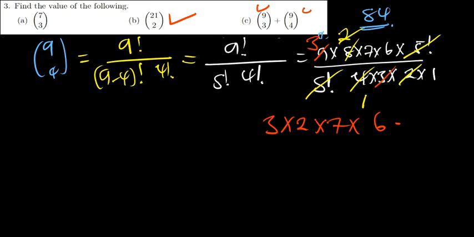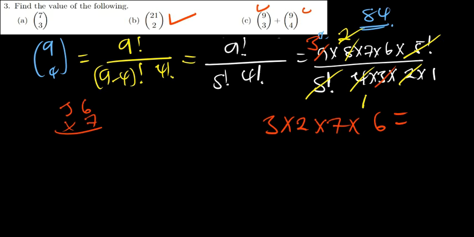So I have now 3 times 2 times 7 and times 6. So what is the answer? So 3 times 2, 6. 6 times 6, 36. 36 times 7. Okay. So we do 36 times 7.